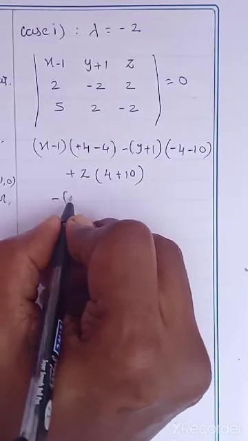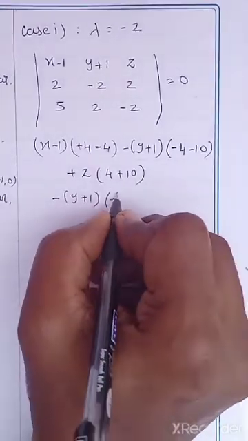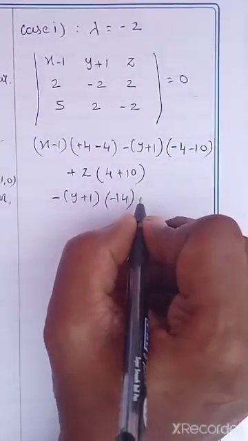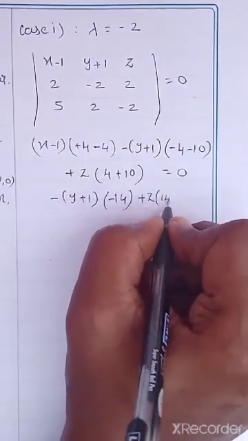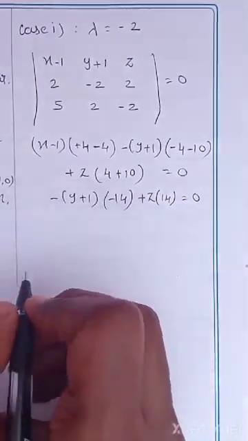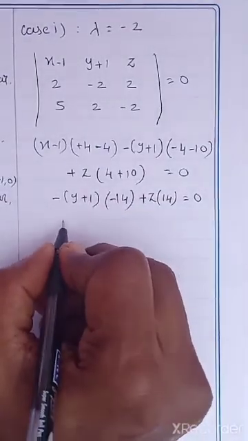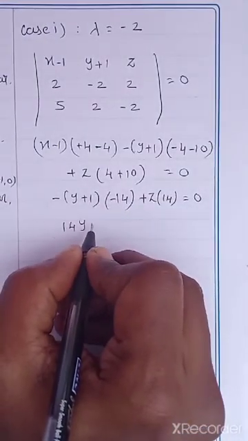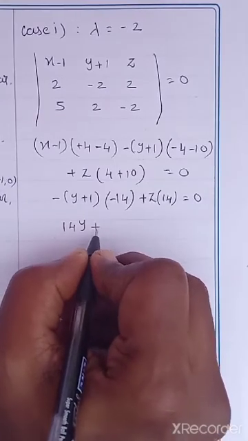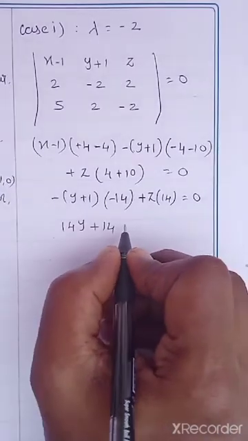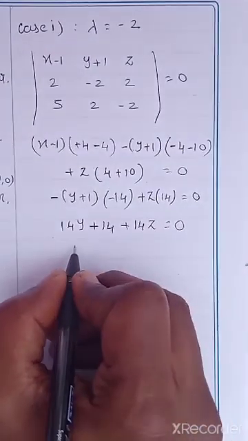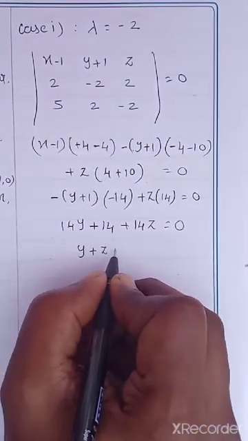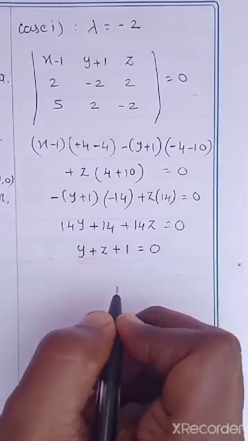So minus y plus 1 of minus 14 equal to 0, plus z of 14 equal to 0, right? So this will be 14y plus 14 plus 14z equal to 0. Divide by 14, you will get y plus z plus 1 equal to 0.